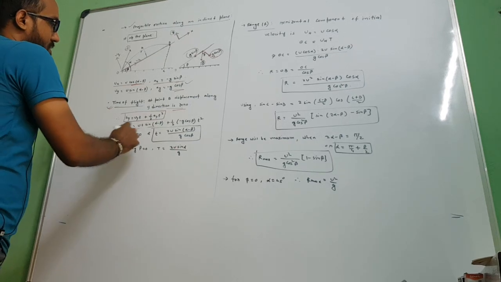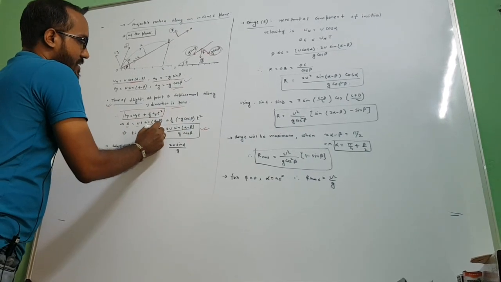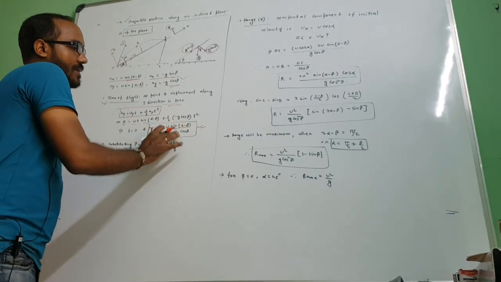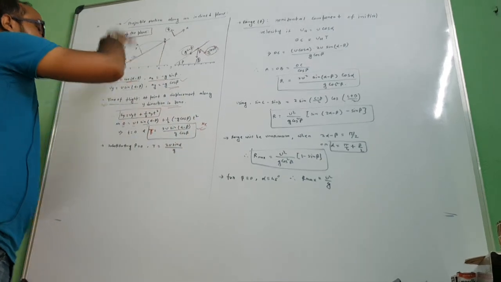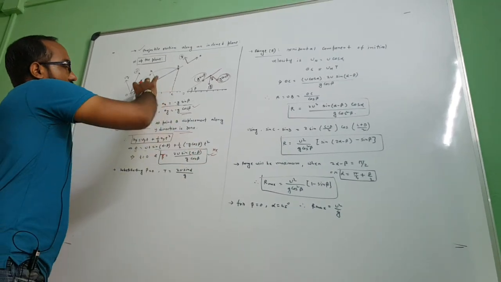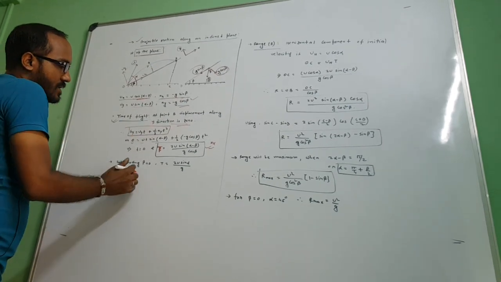Put the values, take t common, and you will get the time of flight, which you can take as capital T. So the time of flight would be 2u sin(alpha minus beta) by g cos beta. Please remember this, and also the process, because in some problems we will not directly use the formula, we will go through the process. That's why I have shown the derivation.